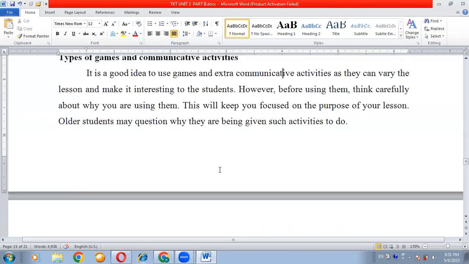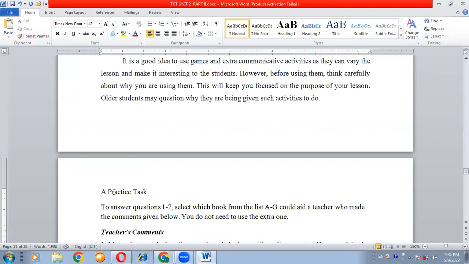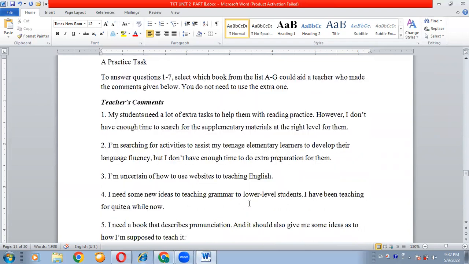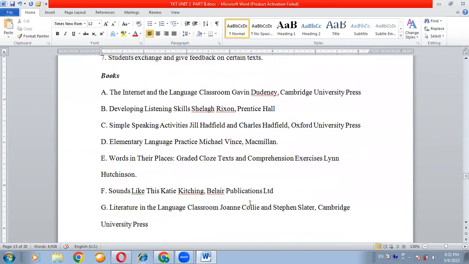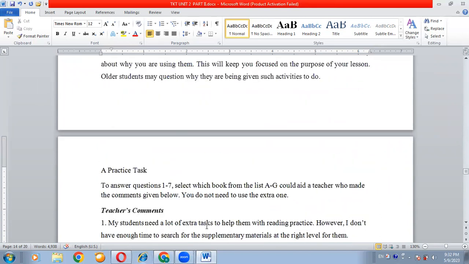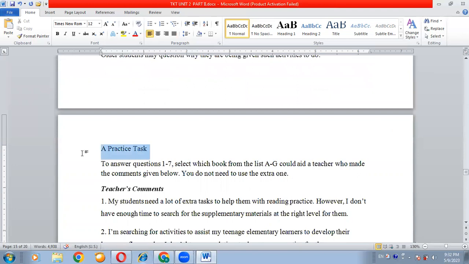That's all about that unit. Today we talk about using the supplementary materials. There is a practice task. Answer questions 1 to 7. Select the book from A to G. Do it now. I will give you these exercises as homework, because this time I couldn't find time to prepare the papers. Last time I had prepared papers for every lesson, but this time I didn't have enough time.